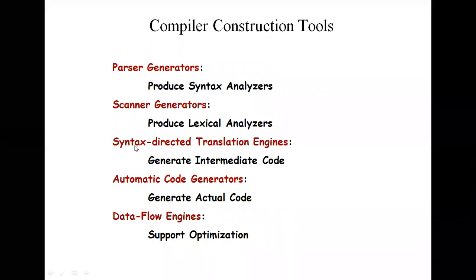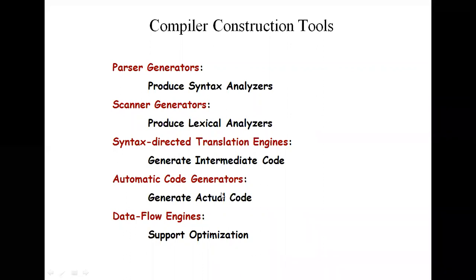And in a syntax directed translation engine, the input is in the form of a tree structure, a parse tree or abstract syntax tree. In the parser, the specification should be in the form of a CFG. In the scanner, the specification should be in the form of a regular expression. In syntax directed translation, the specification should be in the form of an abstract syntax tree. And in automatic code generators, the specification should be in the form of templates.